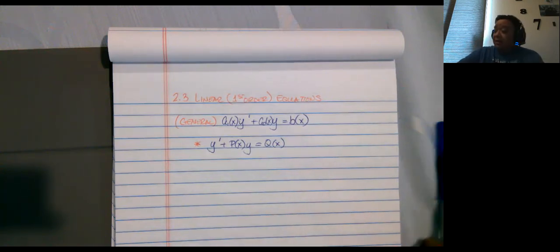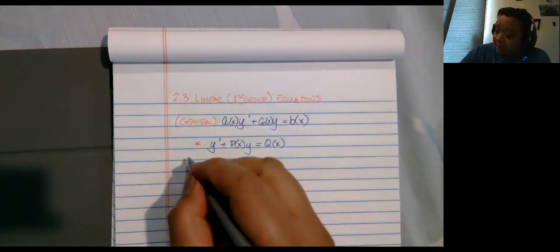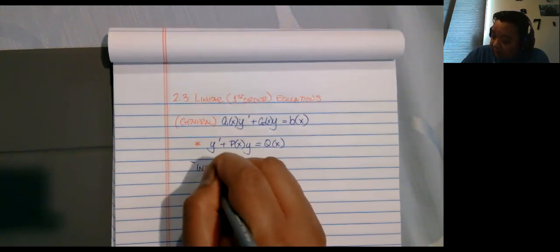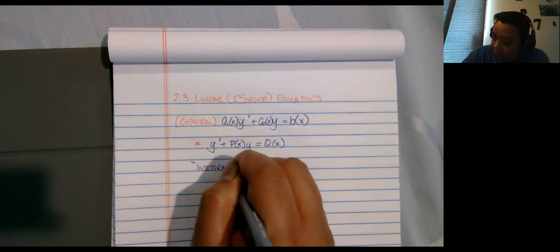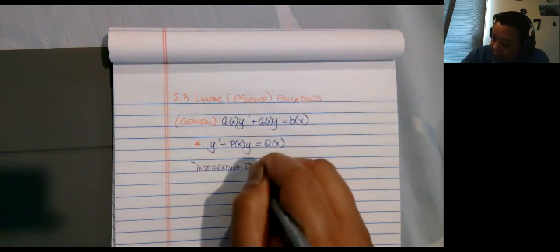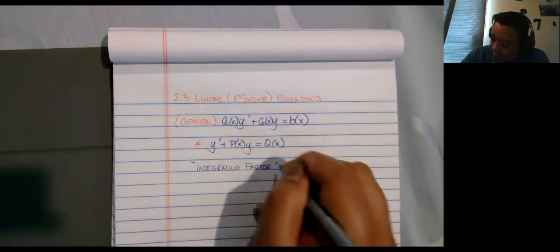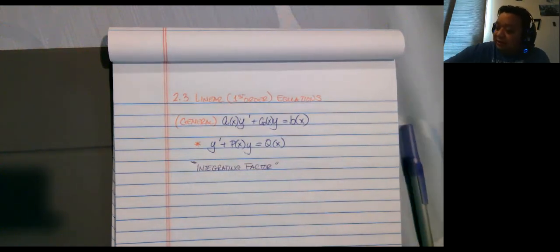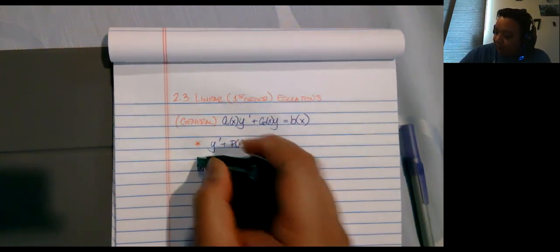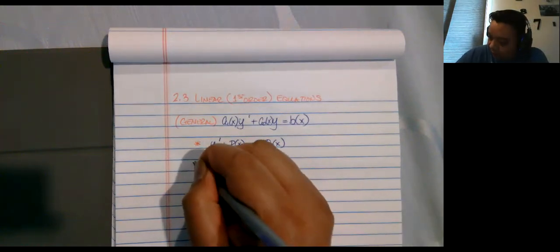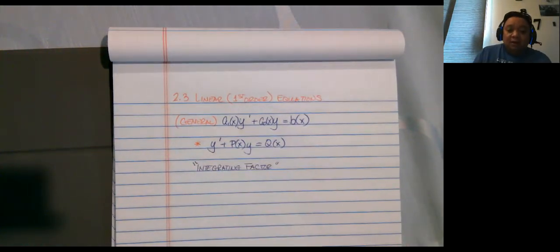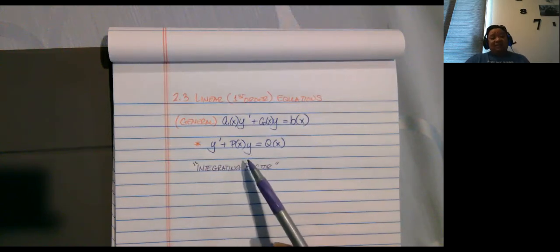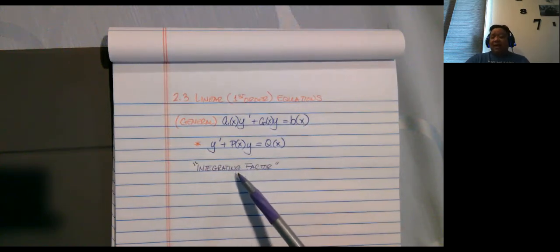All right. Now, the method we are going to use is called an integrating factor. The idea is that the equation we have is not separable, so you won't be able to separate it out.